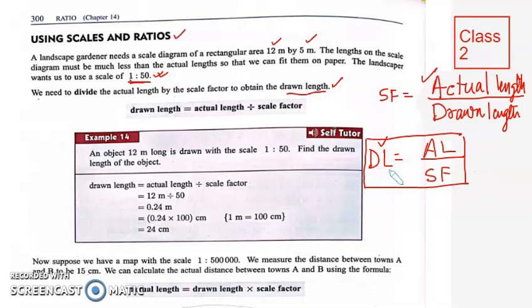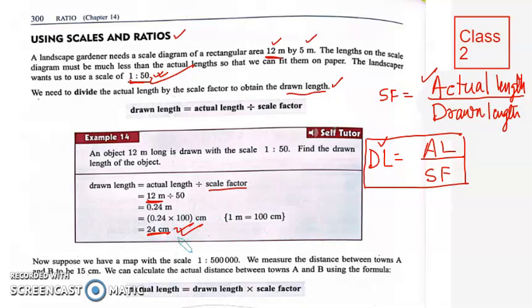Now if you have to find drawn length, the actual length is given as 12 meters, and the scale factor is 50, which is given here. So 12 meters by 50 will give you 0.24 meters, and 0.24 meters times 100, if you change into centimeters, will be 24 centimeters, the drawn length.